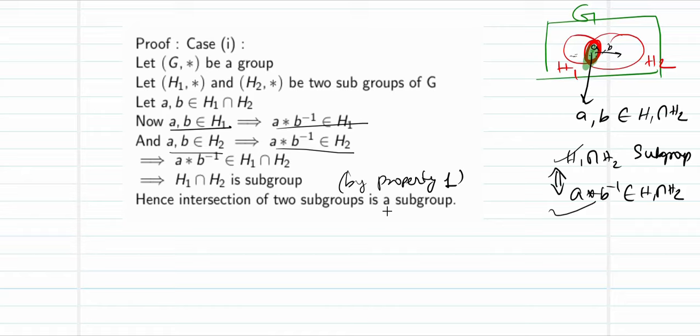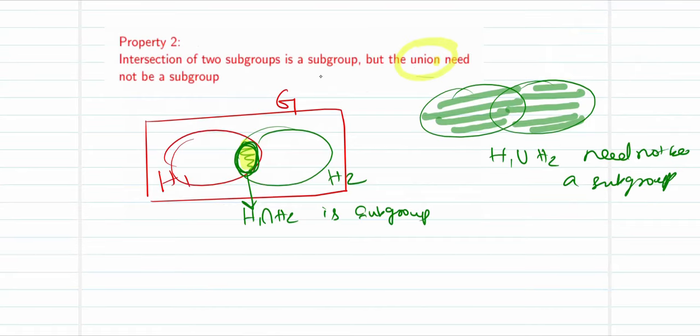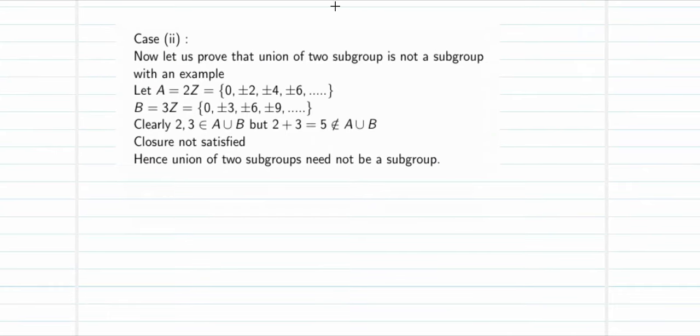So what we have proved over here is that the intersection of two subgroups is going to be a subgroup. We have the second case left out, the union need not be a subgroup. So for this, let us now take a counterexample and prove it.